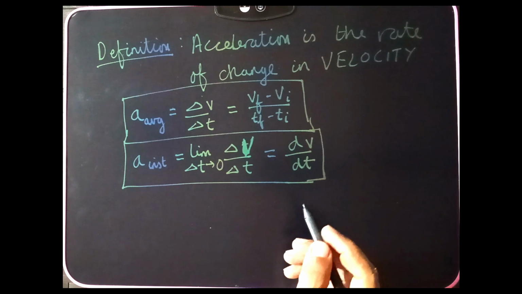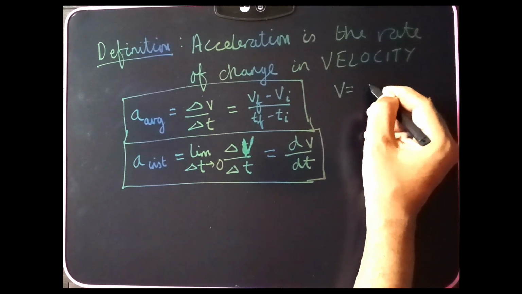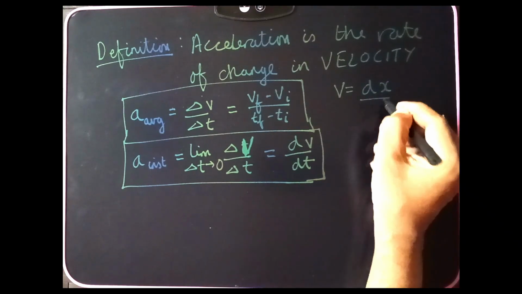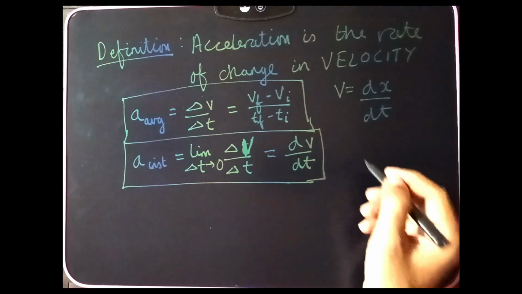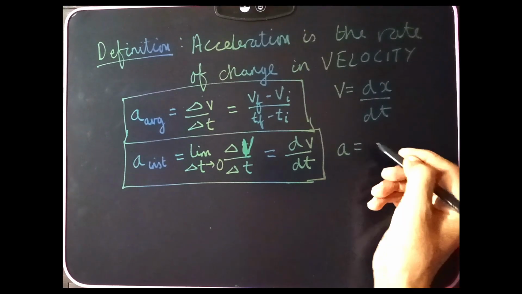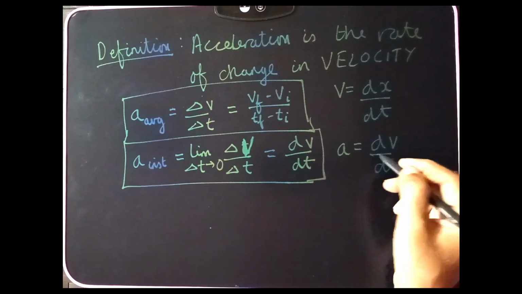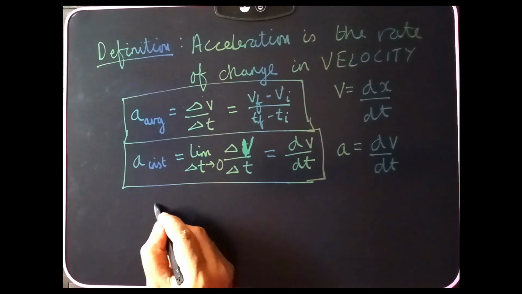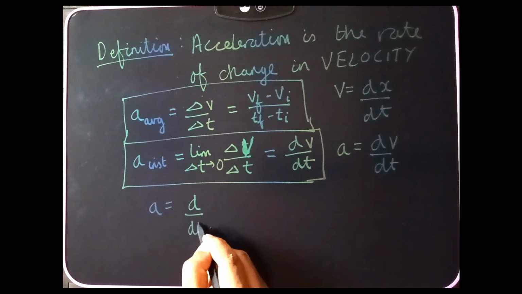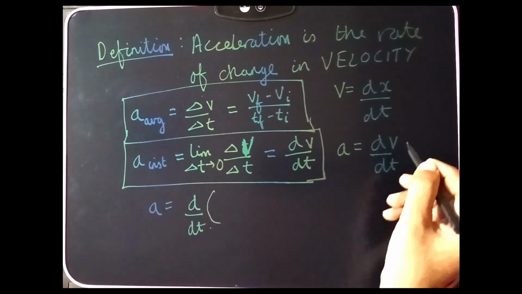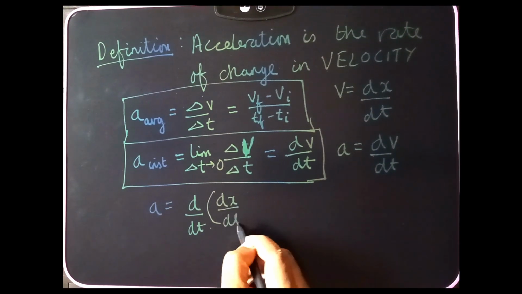So now we know we have the formula of velocity. Velocity is change in displacement by change in time. And acceleration is defined as the change in velocity by change in time. So we can now rewrite acceleration as the derivative of velocity, which is given as dx by dt.